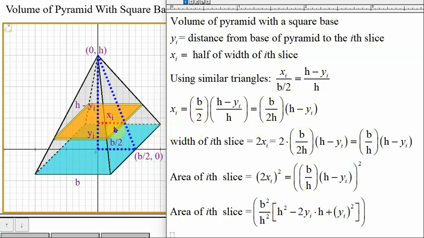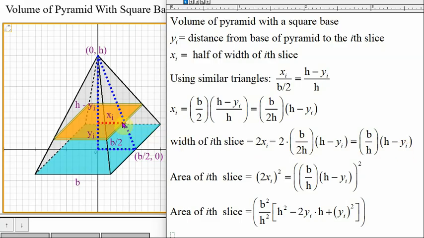Also notice that x sub i is half the length of the base of this ith slice. And so the length of this ith slice would be 2x sub i. But x sub i is b over 2h times h minus y sub i, and simplifying, we get b over h times h minus y sub i.